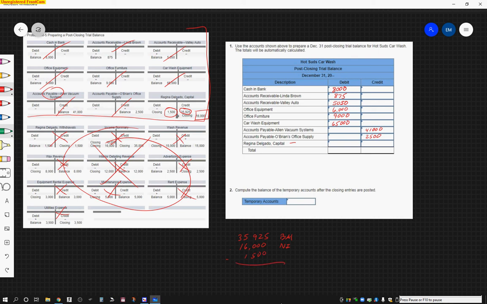So we take the sum of this amount and we subtract out the $1,500 for the withdrawals, and we come up with a balance of $50,425. Well, that has to go right here. $50,425.